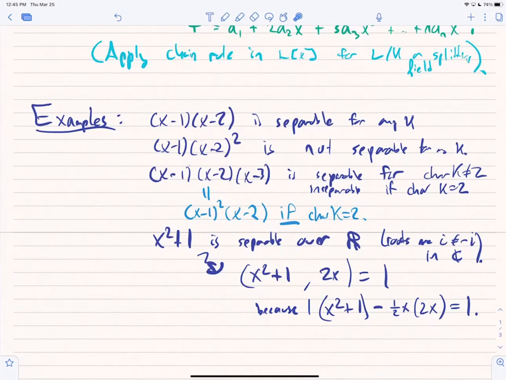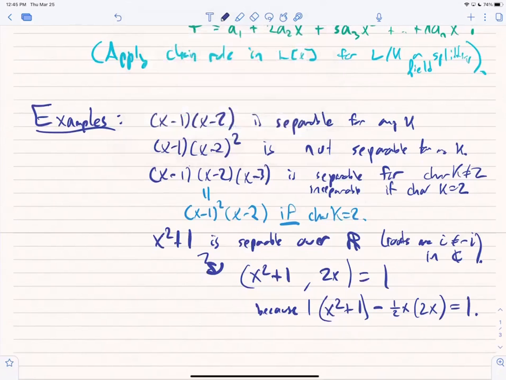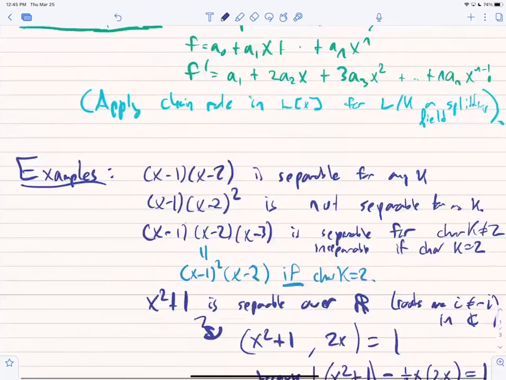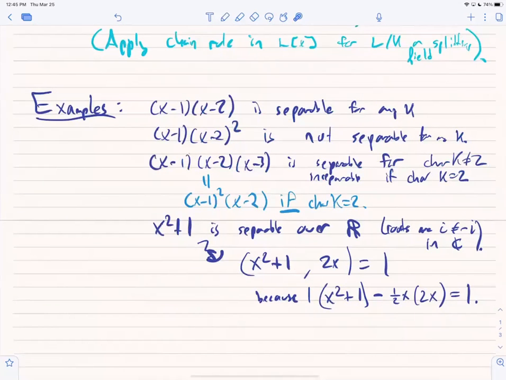It's just another way of saying that. Okay, so I'm just recalling some things in case these are rough in your head, and why I'm saying the word coprime when I say this ideal is equal to 1. Okay, so these are examples. So far I've written down reducible polynomials that are separable and inseparable over any field.